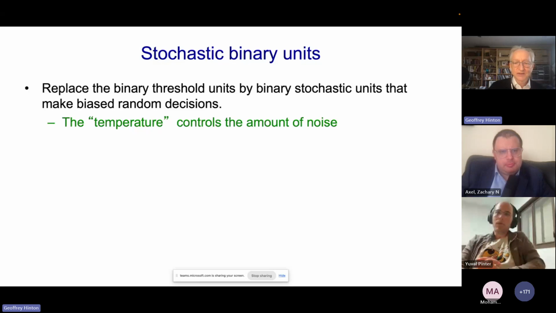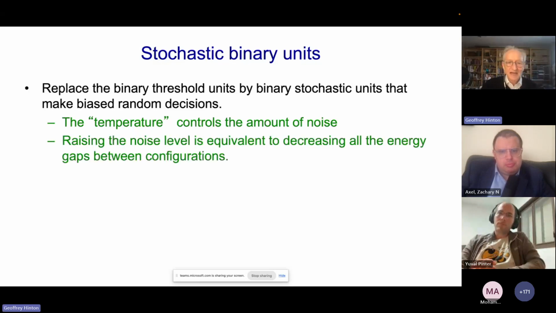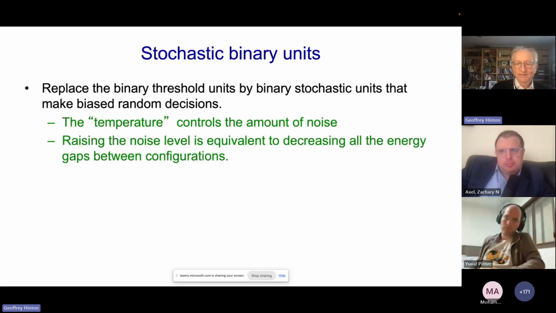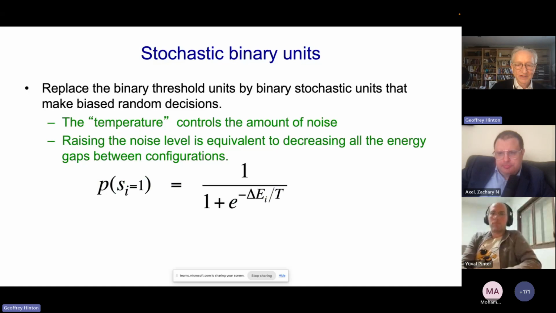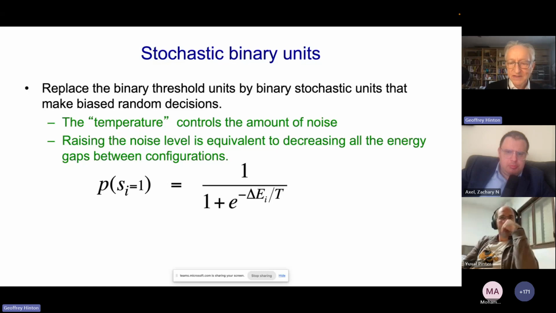So let's look at a stochastic unit. It has something called a temperature, which is the amount of noise. The noise level effectively decreases energy gaps between configurations, and so the equation looks like that. In a Hopfield net, the temperature is 0.